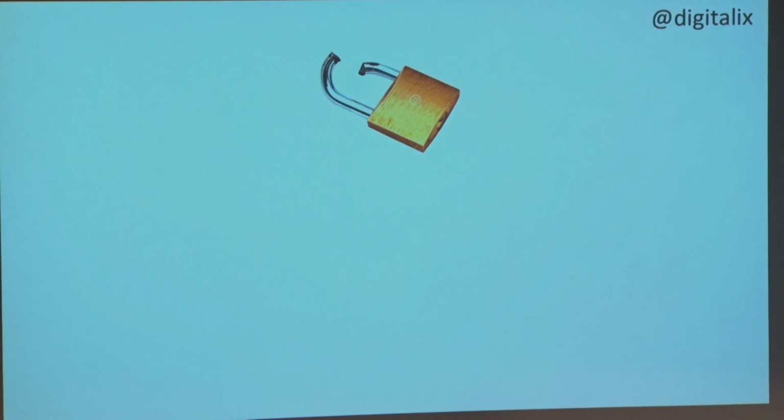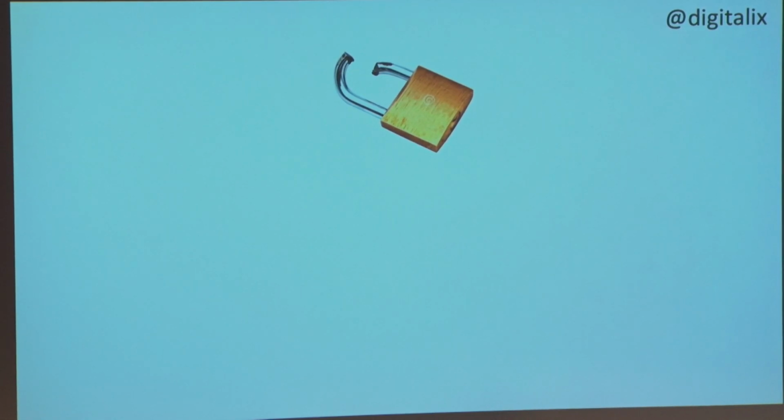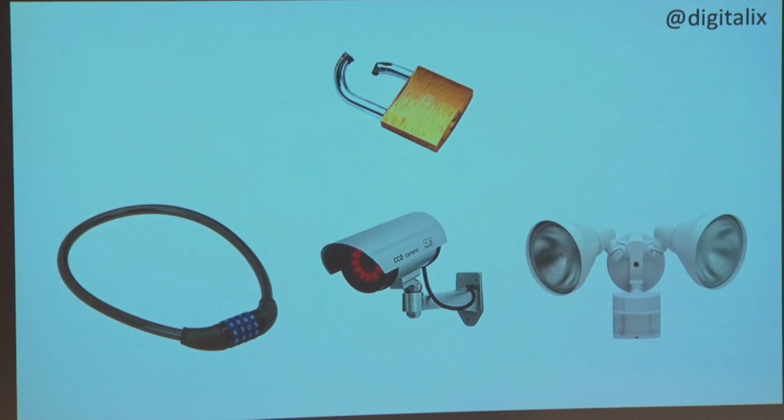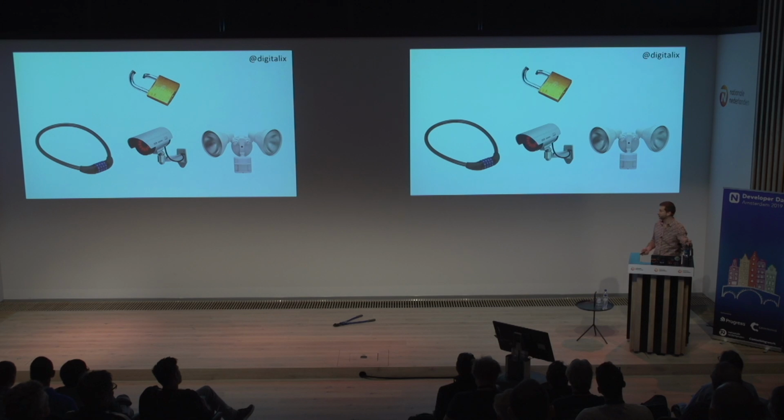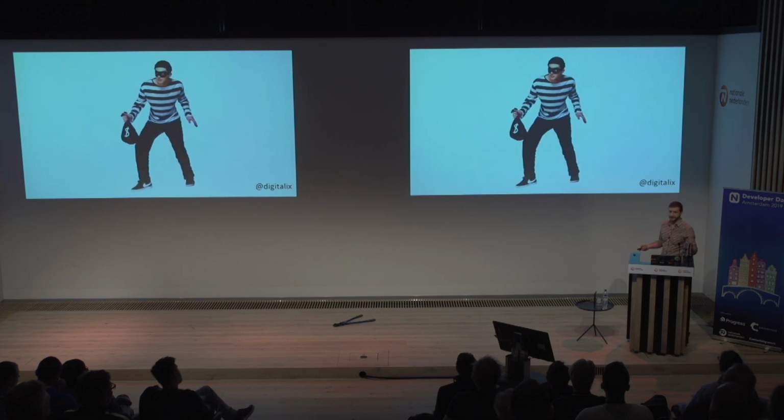So while the thief can go ahead and cut your lock pretty easily, you can add things to make it more difficult. You can add a chain, you can add a camera, you can add some lights, right? But can they beat the camera? Of course they can. They can wear a mask, right?